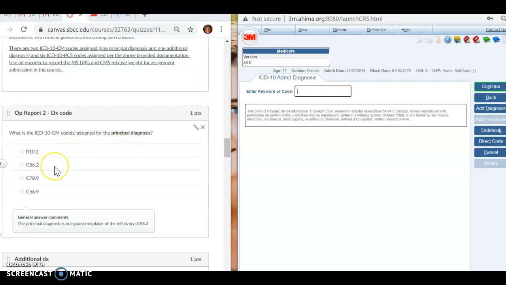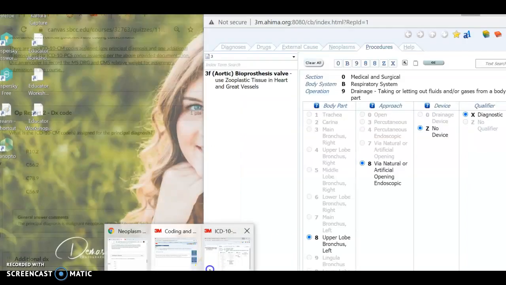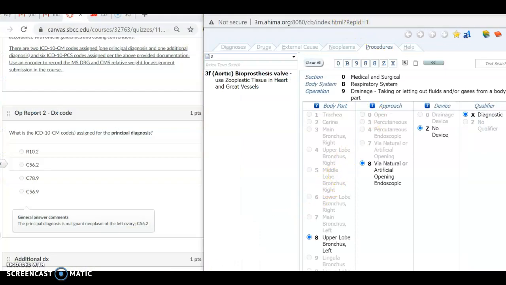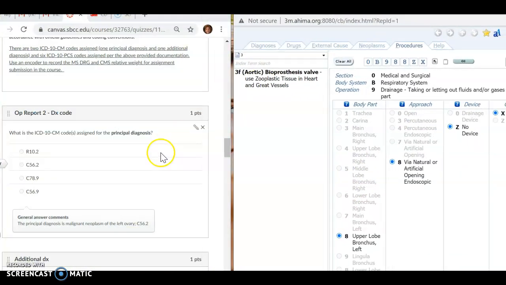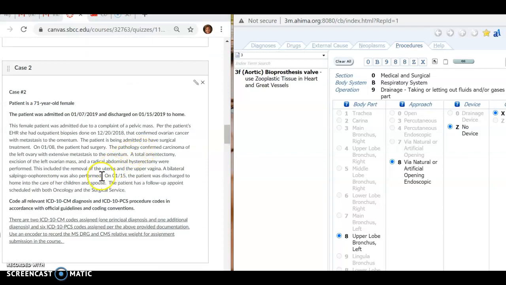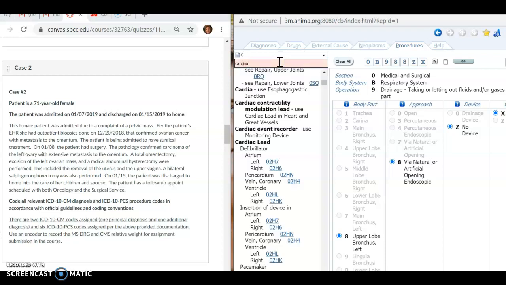Okay, so let's go ahead and start off here. We need the principal diagnosis for the cancer. So we know the cancer, and we know that here we have carcinoma of the left ovary. I'm just going to say carcinoma.